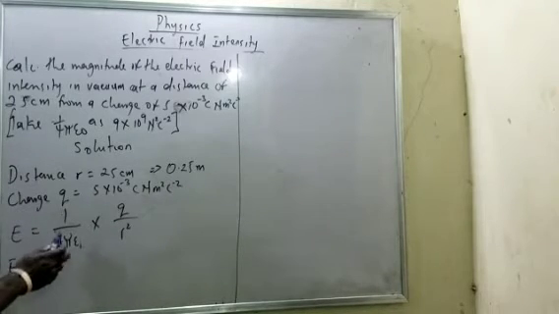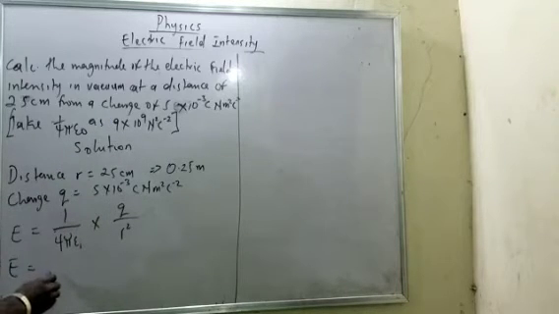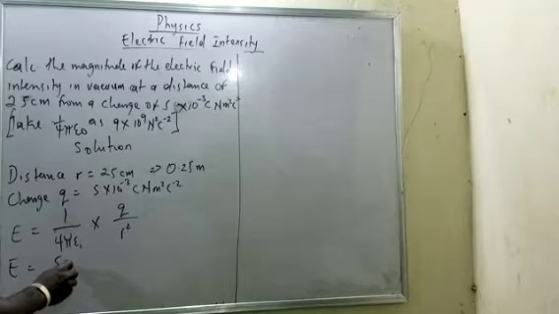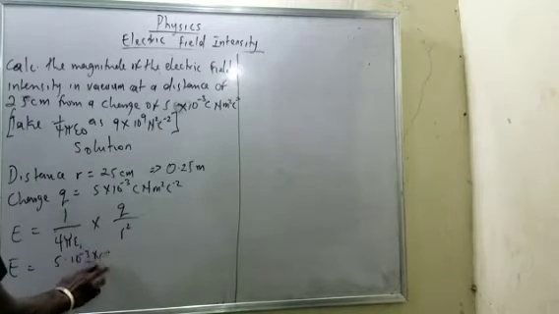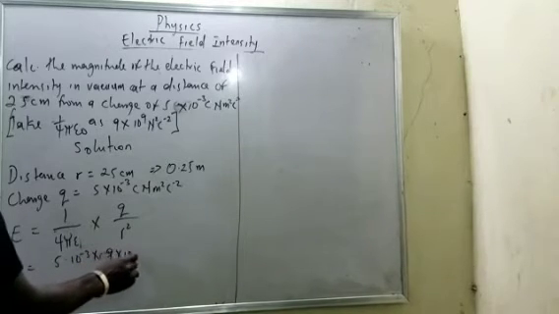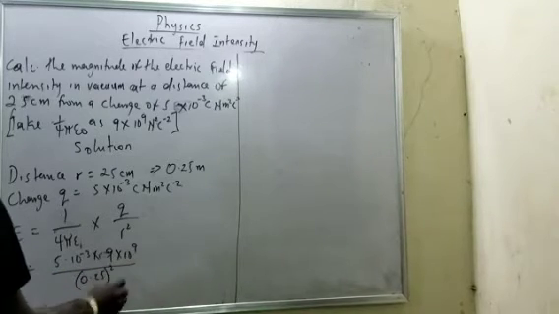Now, it means I have numbers for this from the question: 5 multiplied by 10 raised to power 3 multiplied by 9 multiplied by 10 raised to power 9 divided by 2.5 squared.